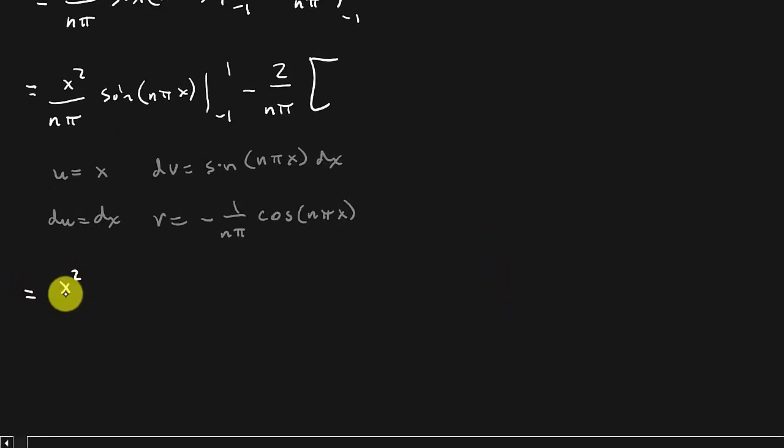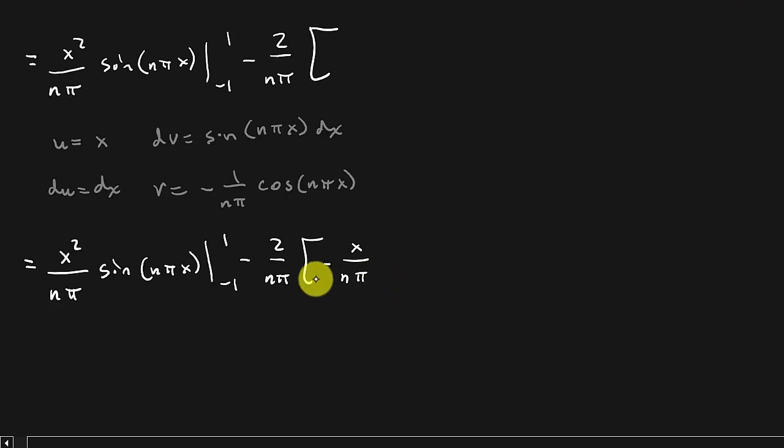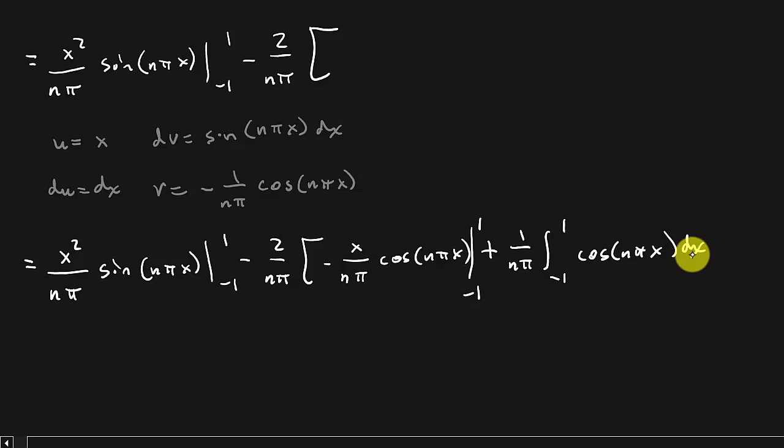And so we have x squared over n pi sine n pi x from -1 to 1 minus 2 over n pi times, and so that's going to be -x over n pi cosine n pi x minus, now the minus and this minus is going to make a plus, the integral, let's leave the constants out, that's 1 over n pi integral from -1 to 1 of cosine n pi x dx.